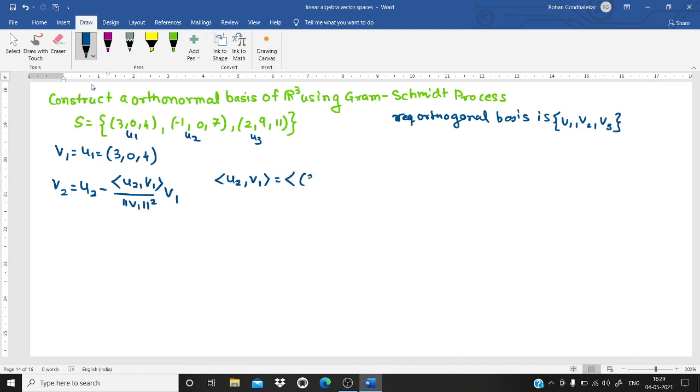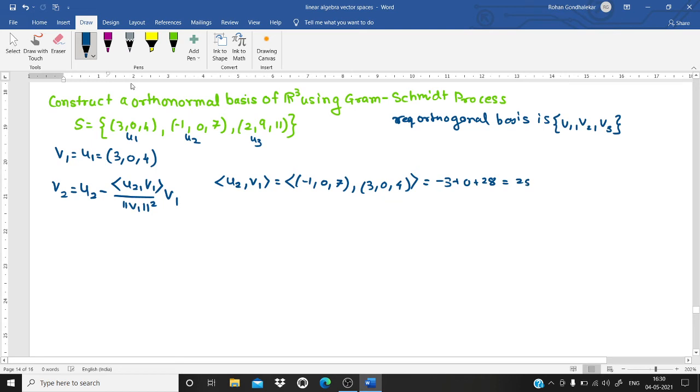Oh, sorry, u2 is minus 1, 0, 7 and v1 is 3, 0, 4. So what will be this inner product? Minus 1 into 3 is minus 3, 0 into 0 is 0, 7 fours are 28. So the answer is 25.